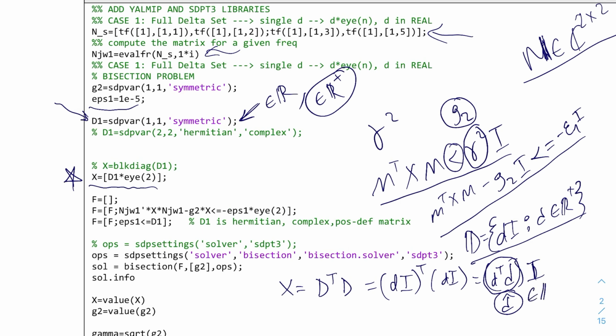And what is the structure of D hat? It is again a positive real number, right? So we just call it D1. So X is D1 times identity, where D1 is in positive real numbers, and 2 is the dimension of the problem.